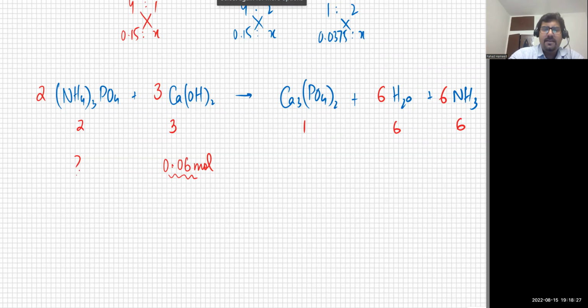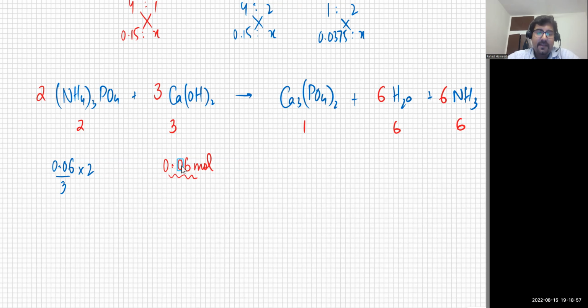Instead of writing everything down, the quick way is, if I want to find the moles of this thing, take the known moles, 0.06, divide by 3, multiply by its ratio. So it's going to be 0.06, divide that by 3 and into 2. That's one quick hack of doing ratios instead of writing it every time and doing crisscross.